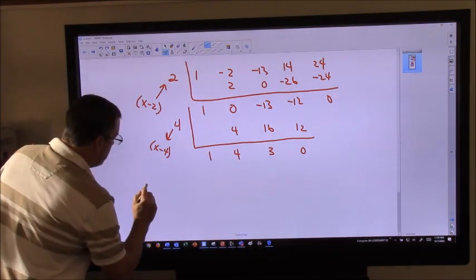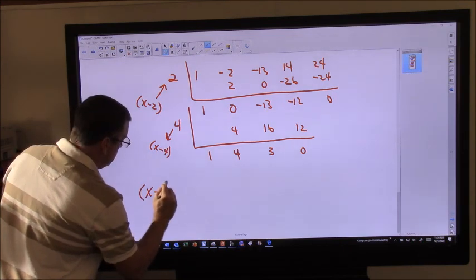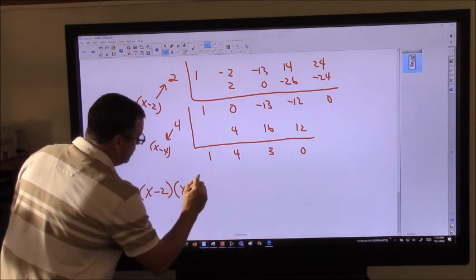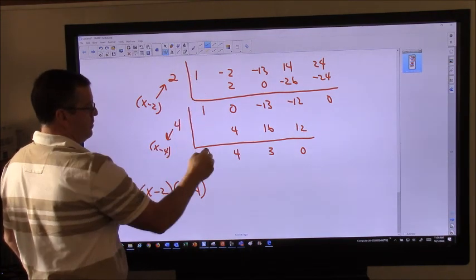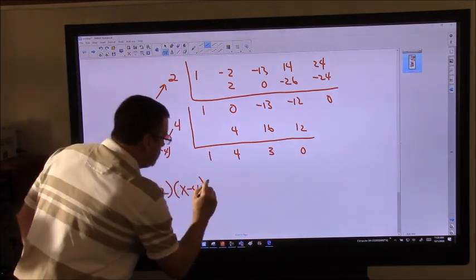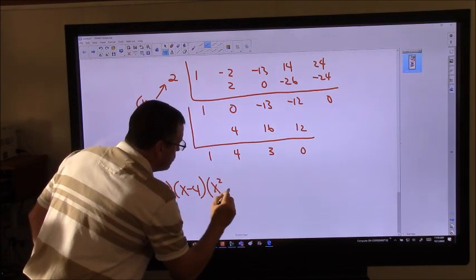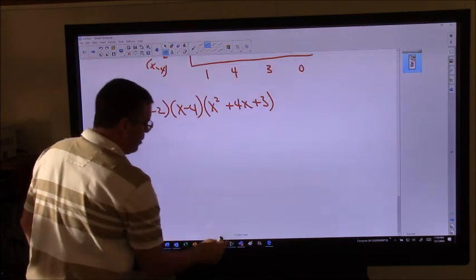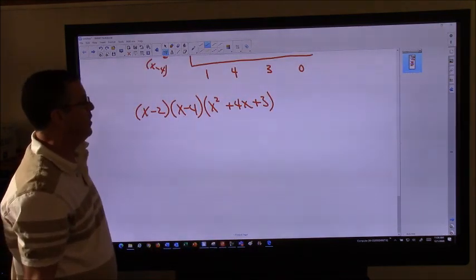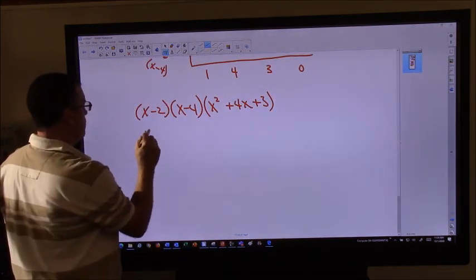Here's what I know so far. I've got x minus 2 times x minus 4. This was x to the 4th, this was x to the 3rd, this is x to the 2nd power. So I've got 1x squared plus 4x plus 3. And my question is, could I factor that farther? And yes, I can.